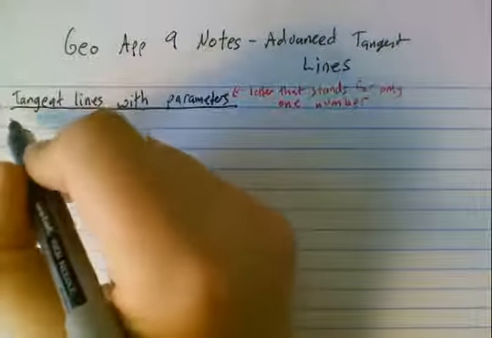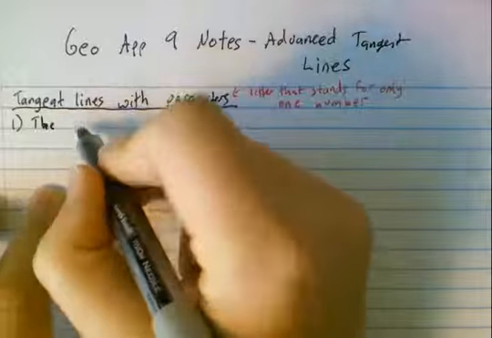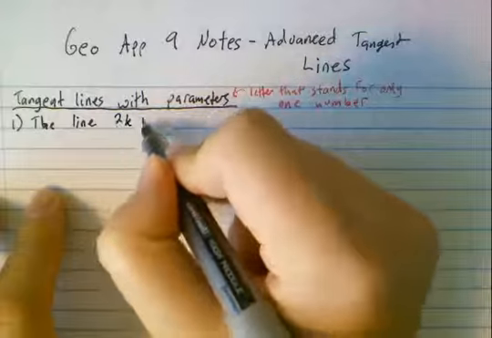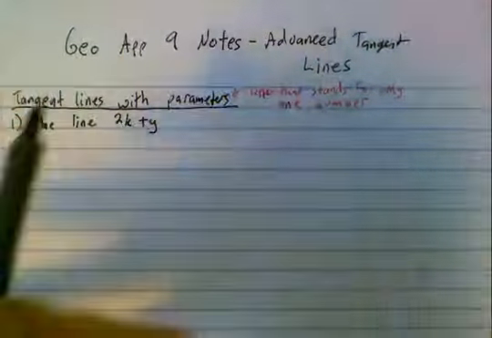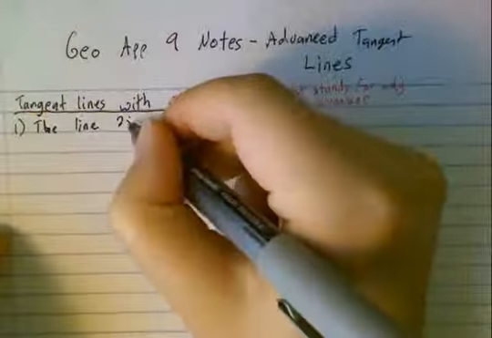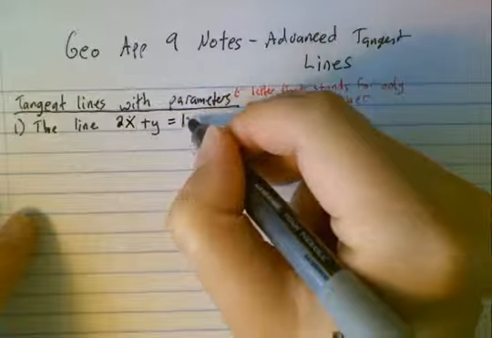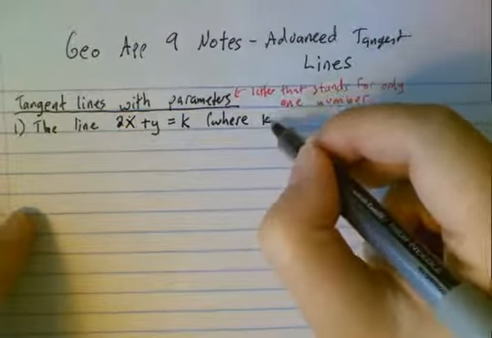And here's an example problem. The line 2k plus y, that's 2x plus y, equals k, where k is a constant.